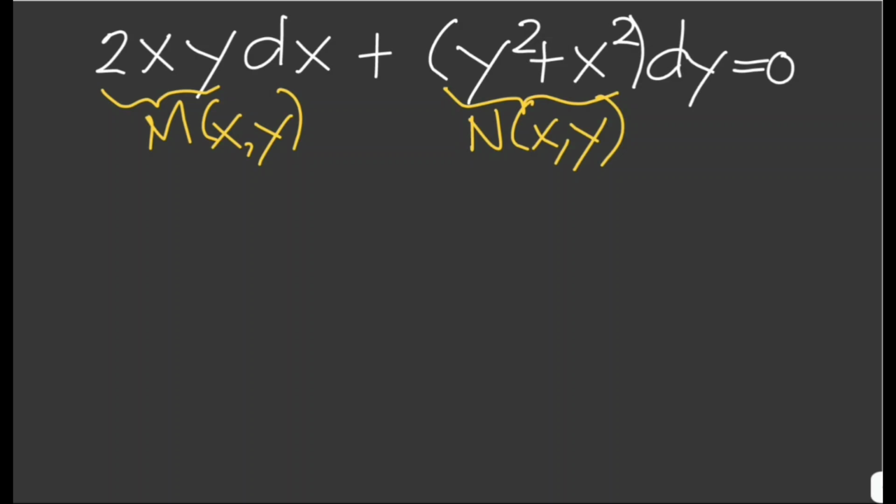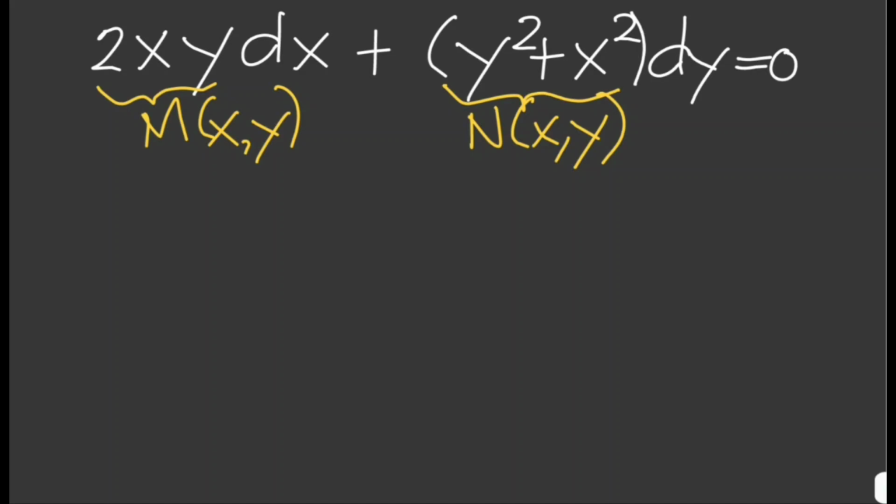Now that we've identified functions M and N, we get the partial derivatives of each of the functions. So we get the partial derivative of M with respect to y first.